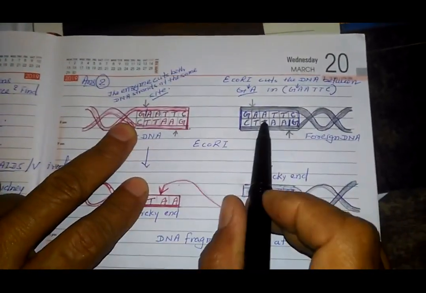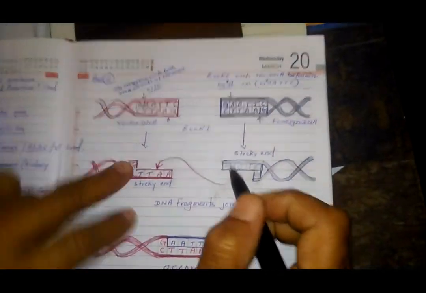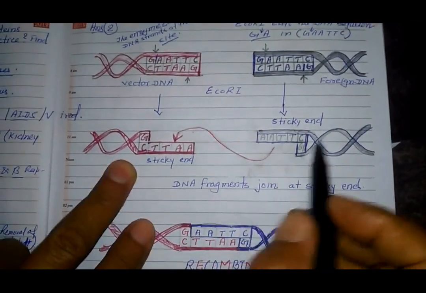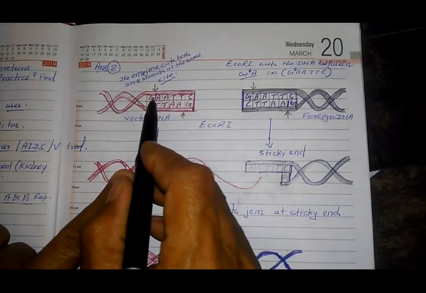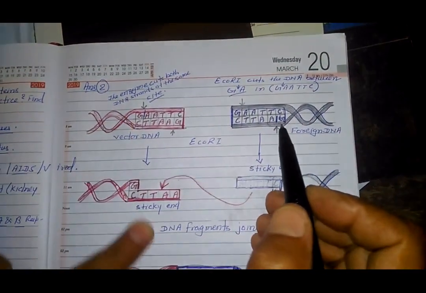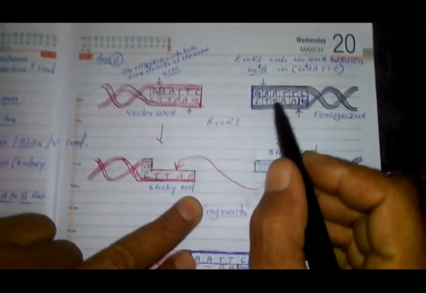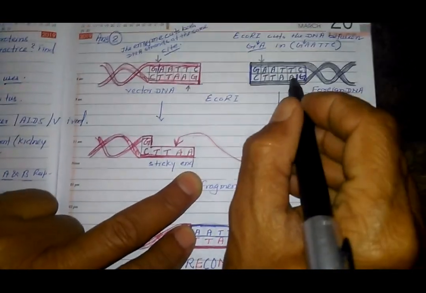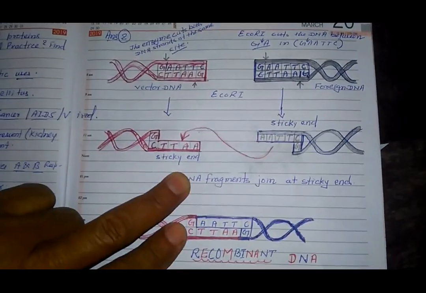So in one figure you will make this very easily. Second, when it cuts, it produces two sticky ends. From the upper strand G is left and AATTC is removed, and from the lower portion again G is left and AATTC is removed. Remember, these are removed.